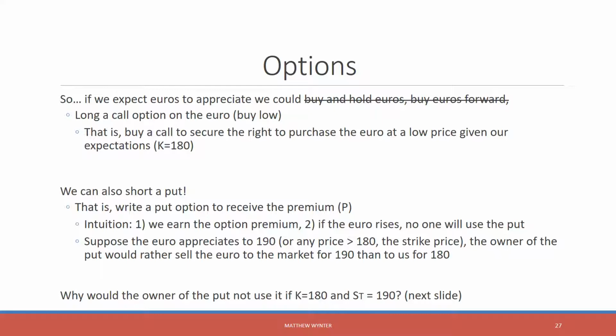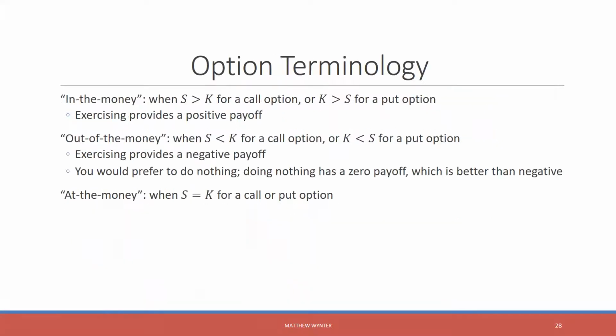Suppose you observe that the actual spot exchange rate at maturity is 190. That means that you can take the same euro and sell it in the market for a higher price than you would sell it to me. No one would ever sell something for a lower price when they can get it for a higher price elsewhere. So why would the owner of the put not want to use it? Well, the intuition is that it would be out of the money.